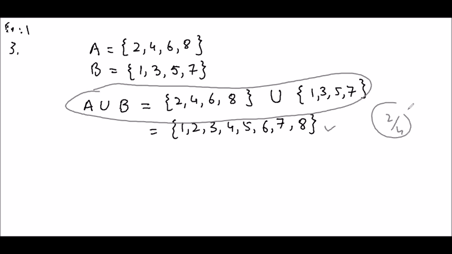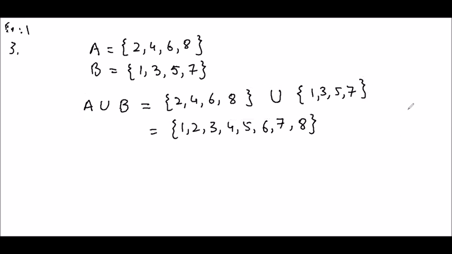But if some student writes like this, he will get 4 out of 4. It means that always complete your question first: first is A set, you write A set. Then it is symbol, you write symbol. Then here the set is B, you write B set.